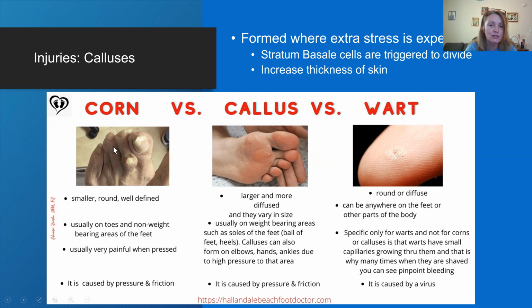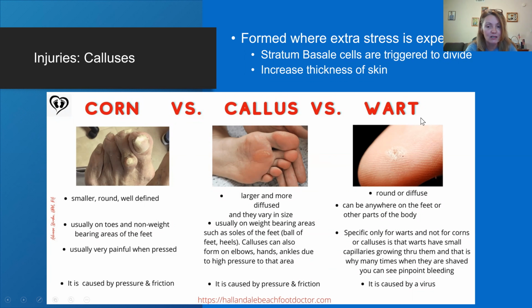Corns are similar, not the same. They are smaller, round, well-defined, and usually painful when pressed, and caused by pressure and friction, the same as calluses. But calluses are larger, more diffuse, and vary in size. So you can see a difference in the picture.